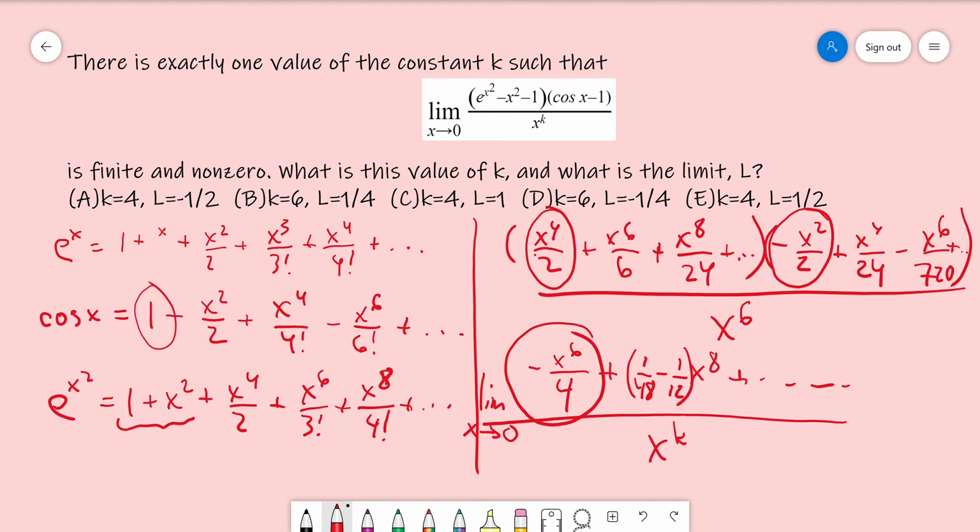So that's no good, because we're told that the limit is finite and non-zero.